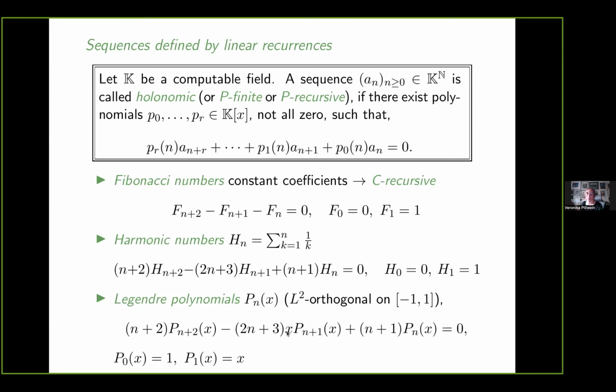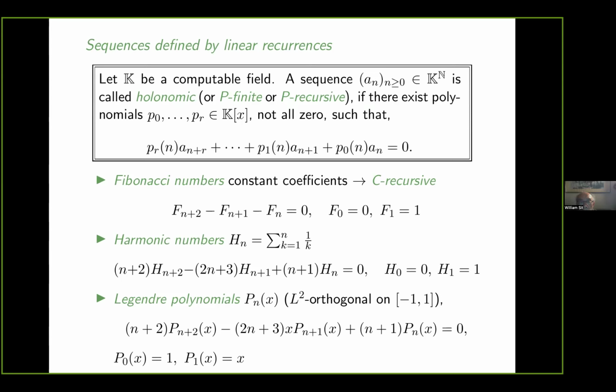And this x gives the rising of the coefficient. We will talk about it as a sequence in n and view the x as a parameter, but the x is meant to be there. Yes, it's an x. Okay.